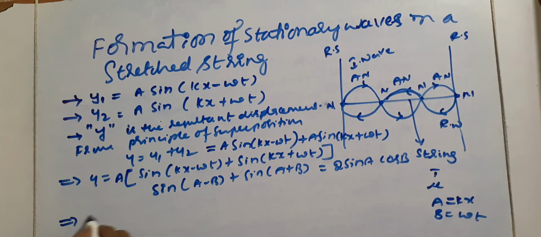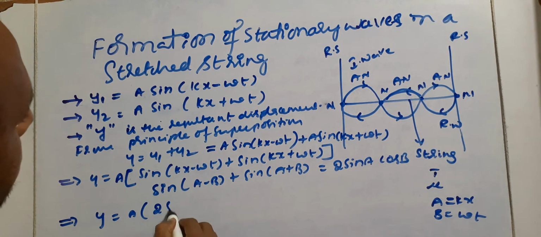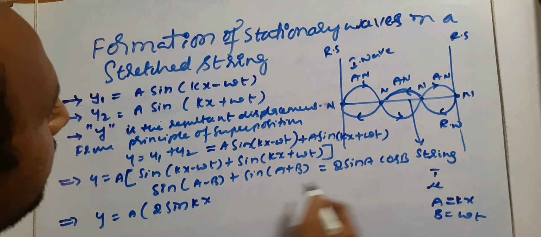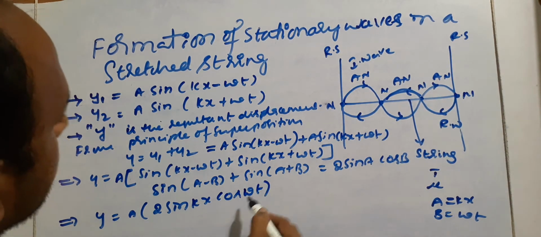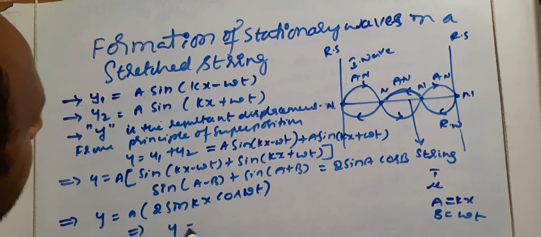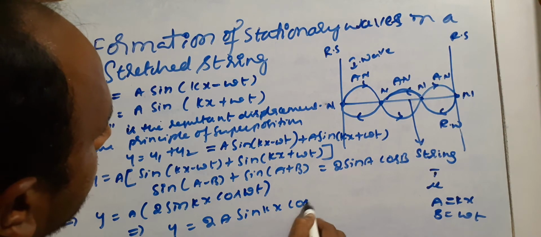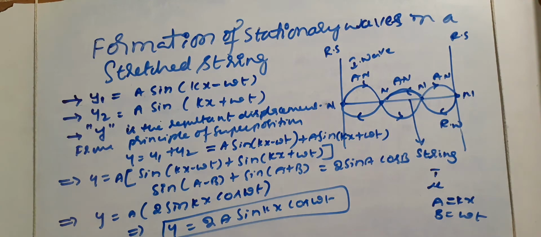So this implies the resultant displacement y equals 2 sine A cos B, which means y equals 2a sine kx cos omega t. This is the resultant displacement caused by the resultant wave.